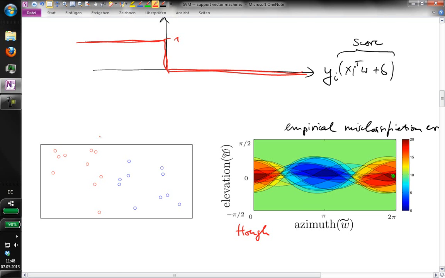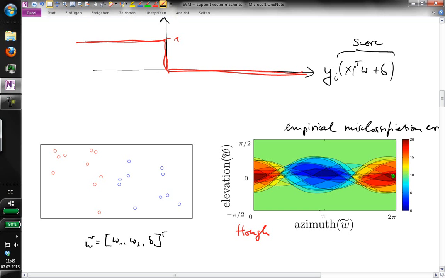in this particular case here, I had 3 parameters. So I had my parameter vector w tilde, which consisted of w1, w2, and b.